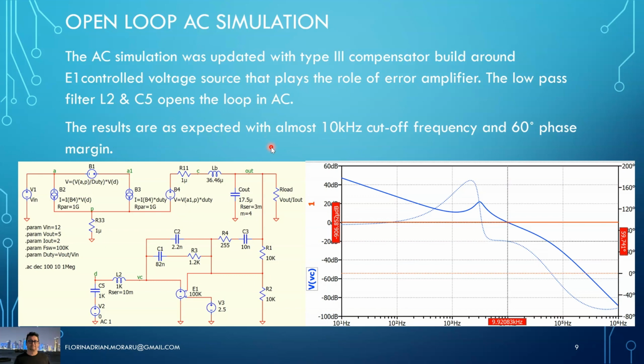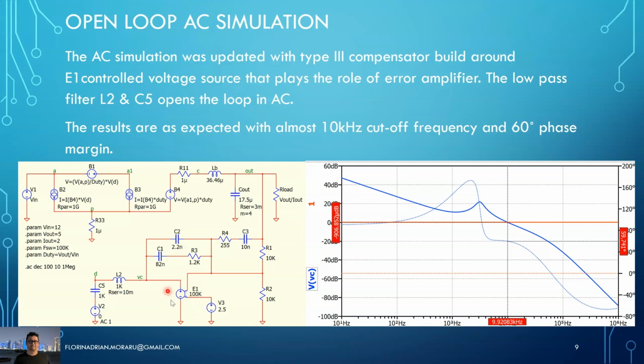So actually what I did around the power stage, I set up an AC simulation employing the 3-terminal PWM model, I built up the type 3 compensator, and I just used a voltage controlled voltage source for the operational amplifier.